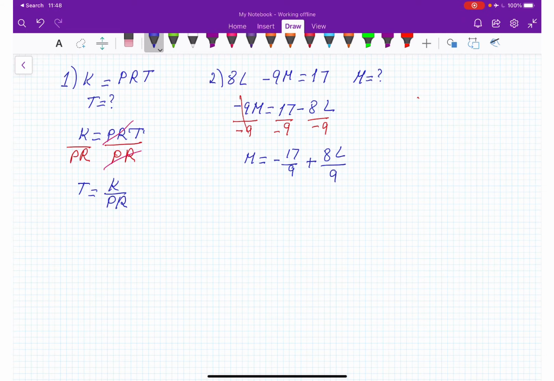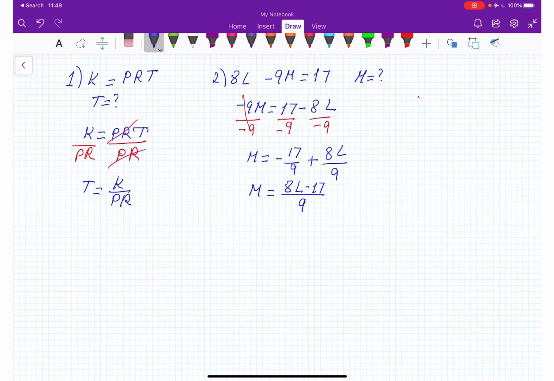Okay. So this is going to be the answer, but we can write it in a better form since we have the same denominator. I write 9, and I put the positive 8L first, and then negative 17 second. Nothing is changed by that, it's just better writing.